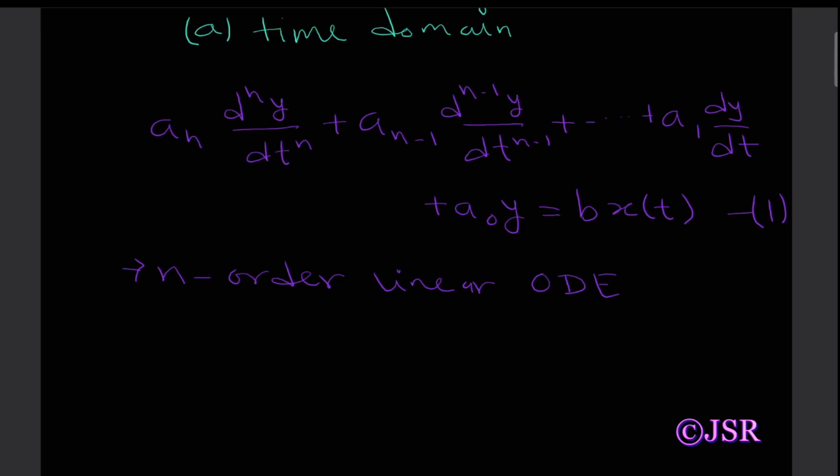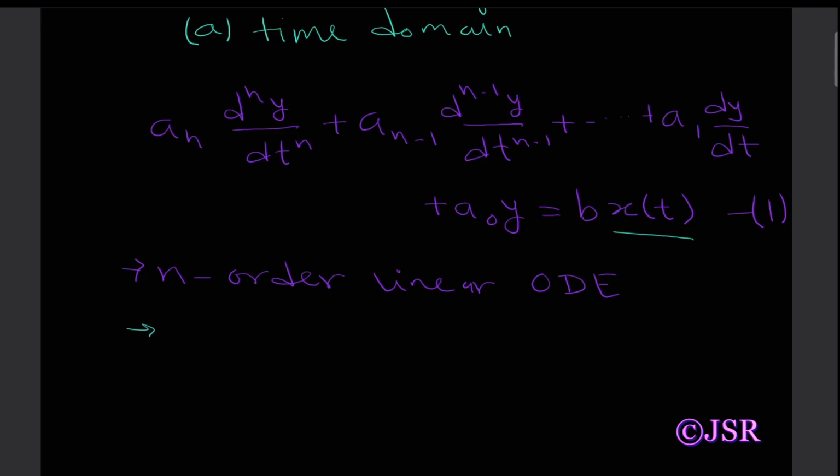So if we change the input x of t, we will get this ordinary differential equation of nth order, and we have to solve this nth order equation so that we can get the response y of t.